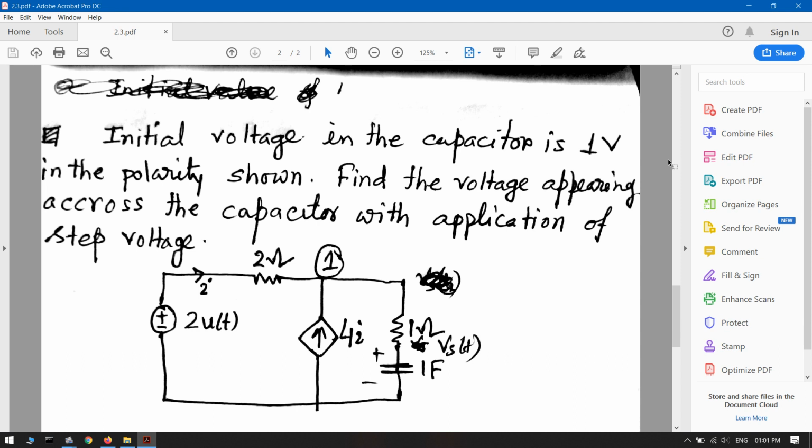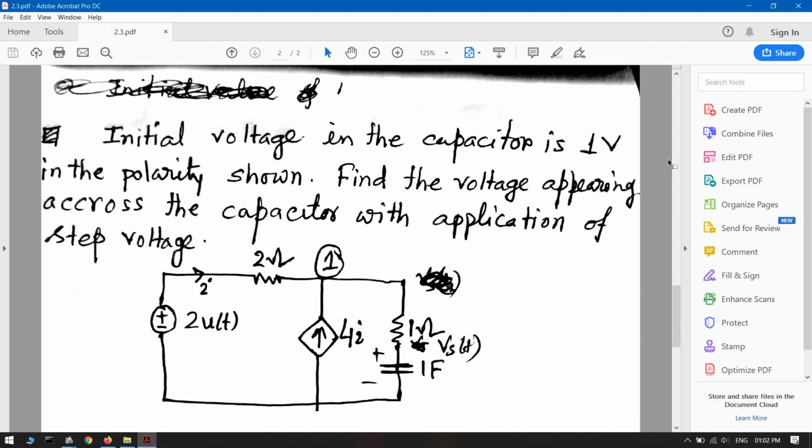So we can calculate that outgoing current, that is V1 of S minus Vs of S divided by 1, and that is equal to 4Is plus Is, that is 5Is. So one equation we have got, V1 of S minus Vs of S equal to 5Is.